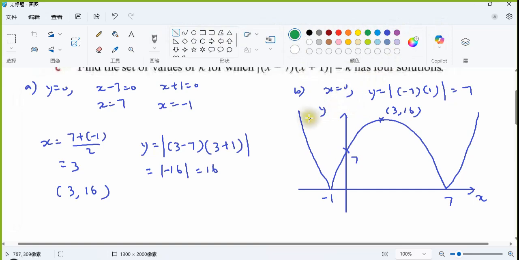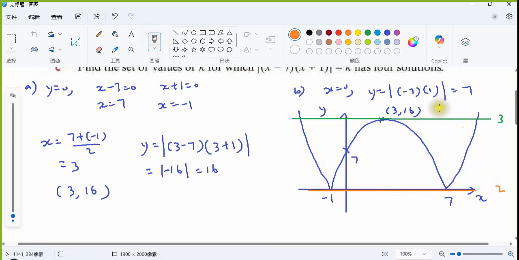Okay, we know that when k equals 16, then we have three solutions. And when it is 0, then we have two solutions.